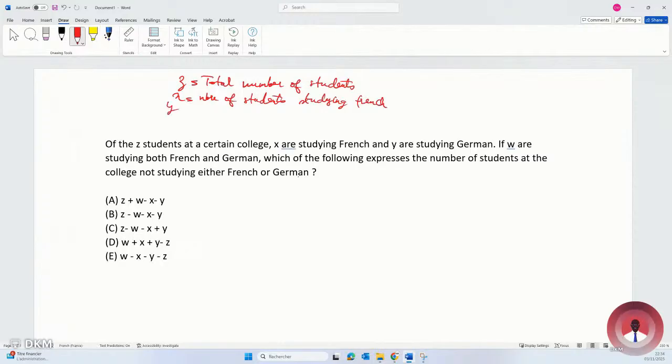And Y is equal to the number of students studying German.